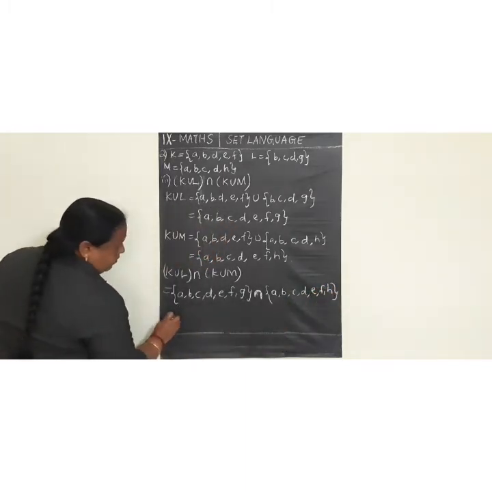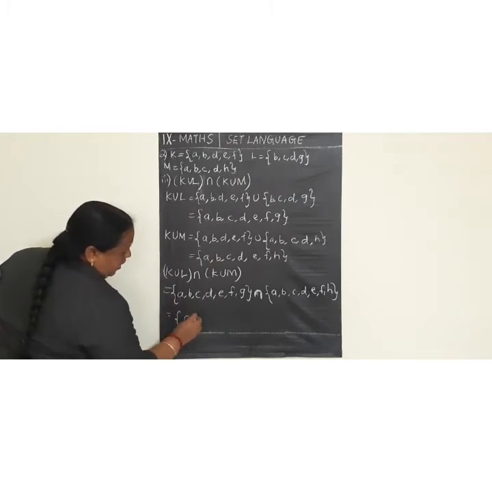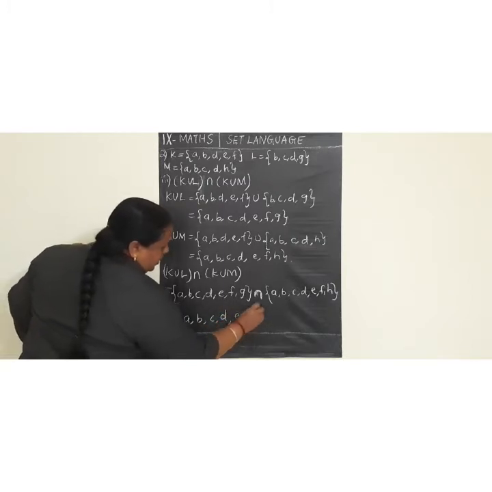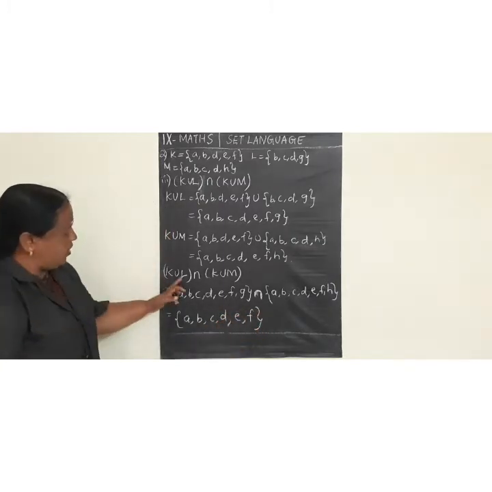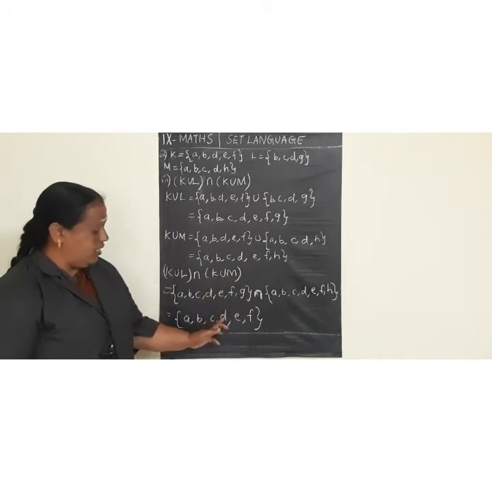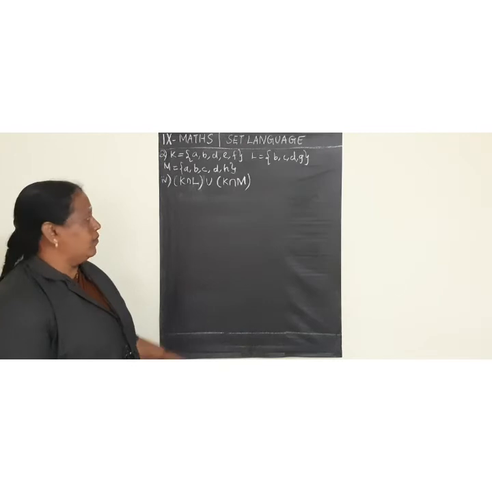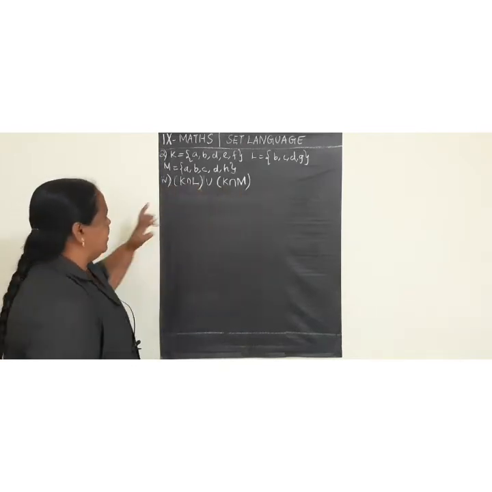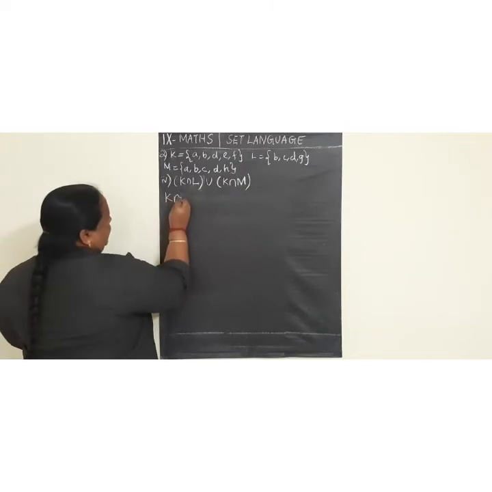So intersection, we have to write only the common elements. What are the common elements? A, B, C, D, E, F. So (K union L) intersection (K union M) is equal to {A, B, C, D, E, F}. The next subdivision is (K intersection L) union (K intersection M). In this first we have to find K intersection L.